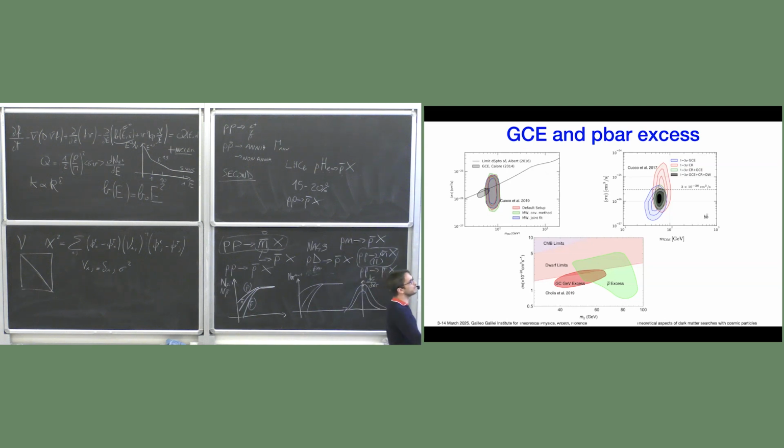These are 3 different papers showing basically similar things. So a dark matter mass of the order of 60 GeV and the thermal cross-section is compatible with both excesses.